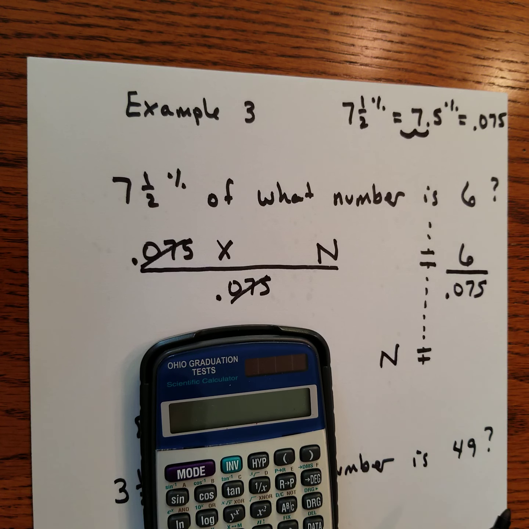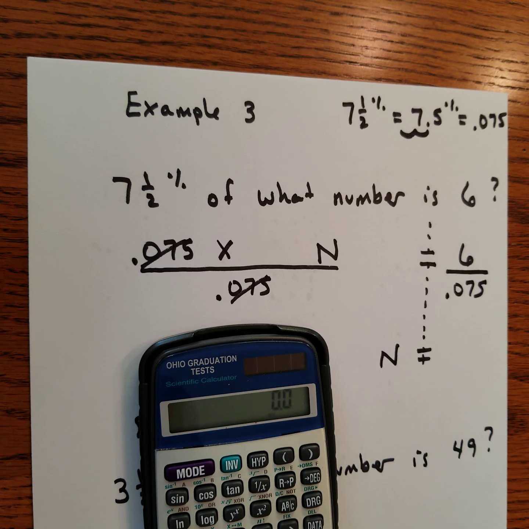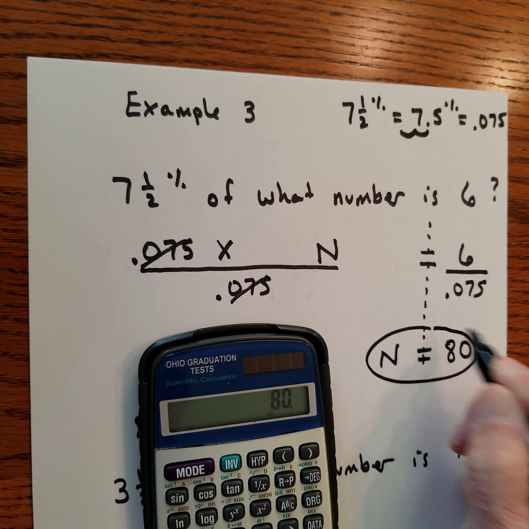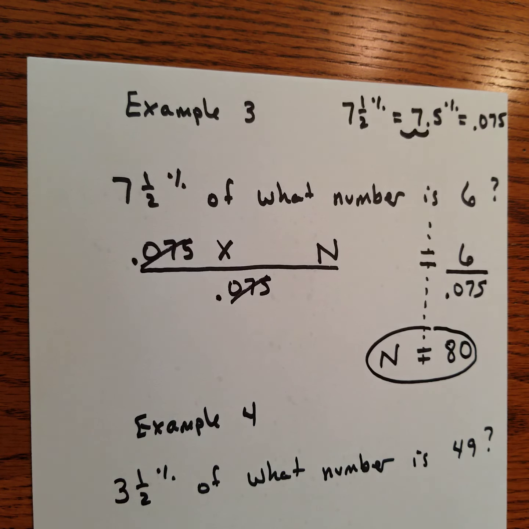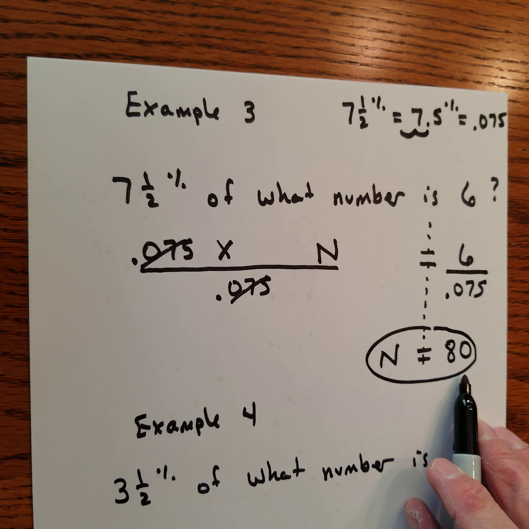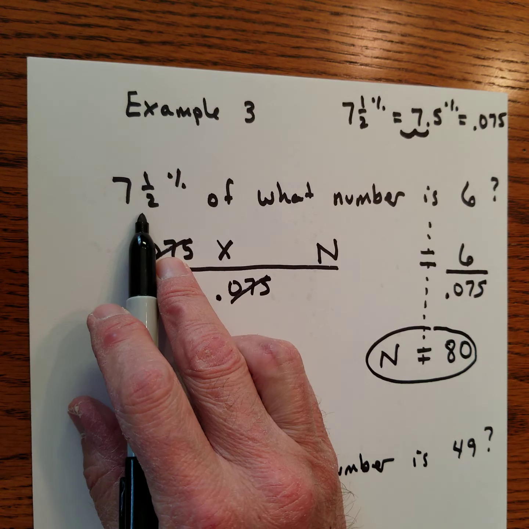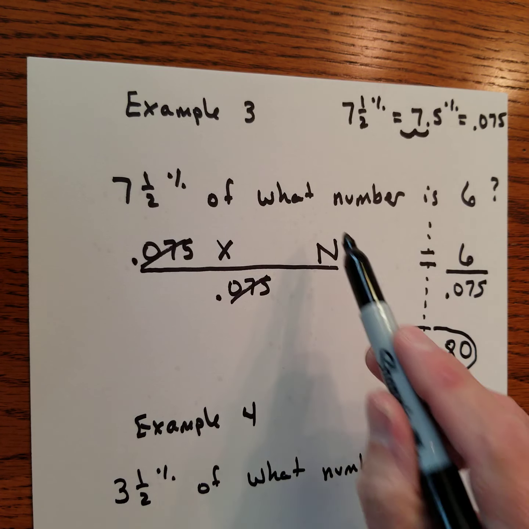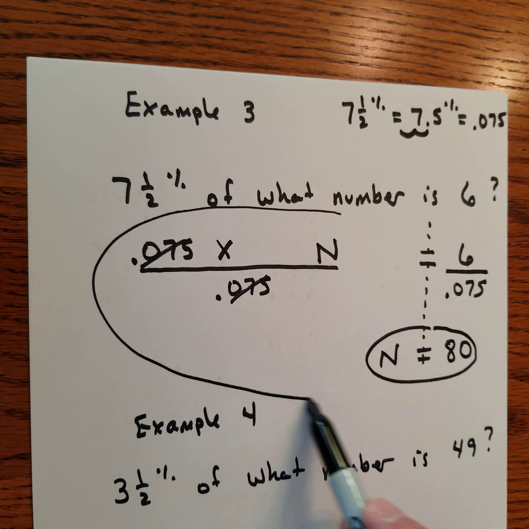Type in 6 divided by 0.075. So we went shopping, purchased something for $80 in a county that charges 7.5% sales tax. We'd have to pay $6 tax on that $80 purchase. Here's the way I want you to show your work.